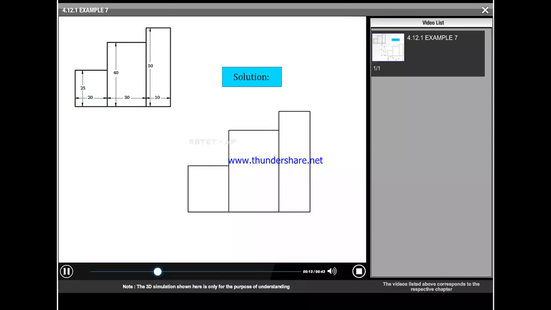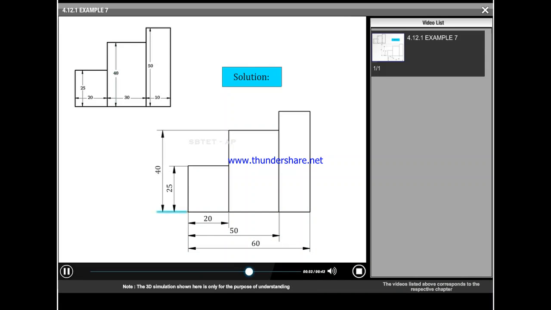In this, all the three horizontal dimensions are to be neatly represented with a common origin. In this, all the three vertical dimensions are to be neatly represented with a common origin.